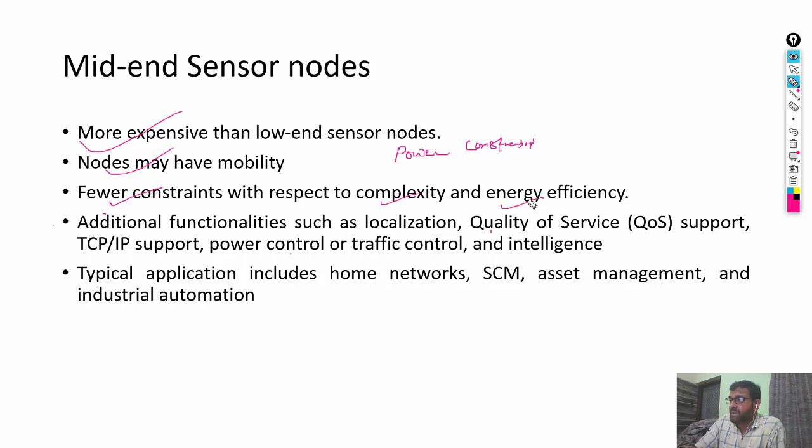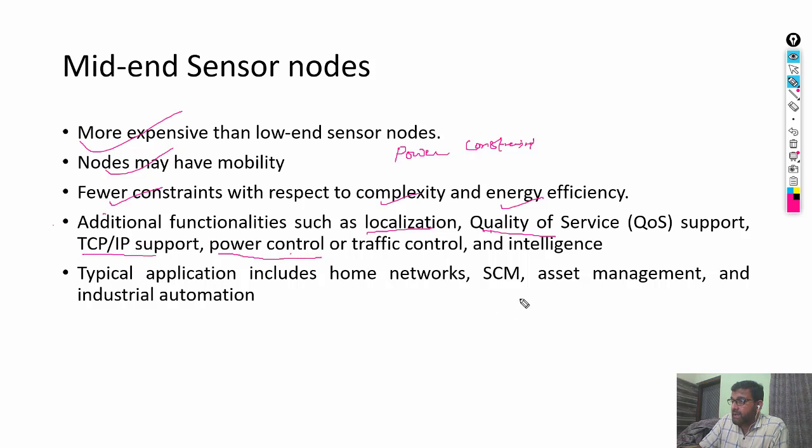Energy saving is related to power constraint. Okay, additional functionality such as localization. Localization means addressing. Quality of services: what kind of computing and what kind of services are going to be given by the mid-end sensor node. TCP IP support is provided by the designer.